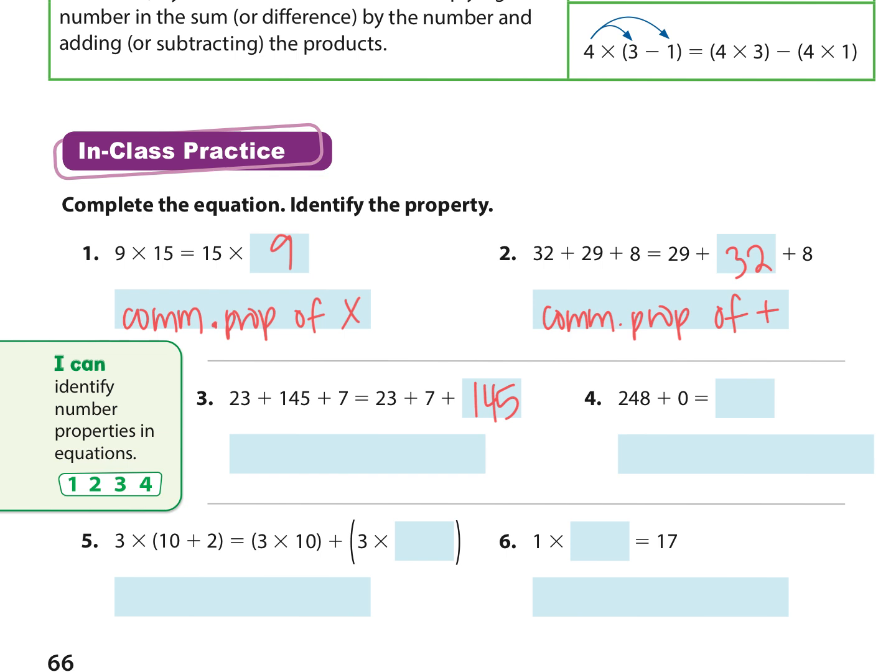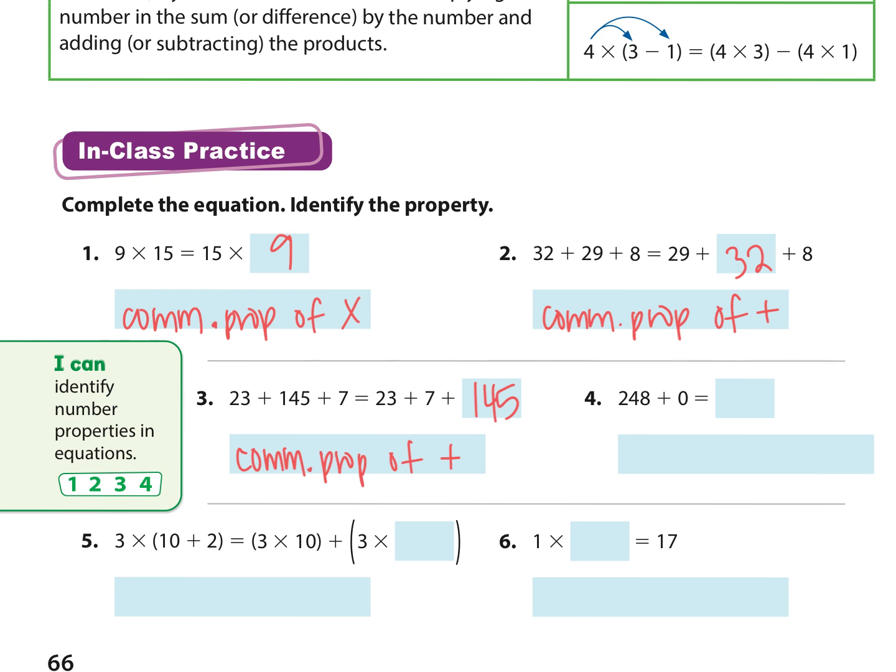Good. What's the property? Distributive. I've got mixed answers. I hear a lot of commutative. Why would it be commutative? Because there's no grouping symbols. Because it doesn't change. The only thing that's changing is the way the numbers are appearing. Okay, you're just listing the numbers in a different order. So, commutative property of addition again.